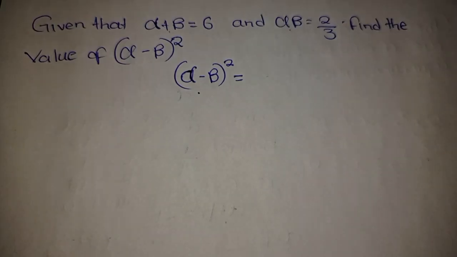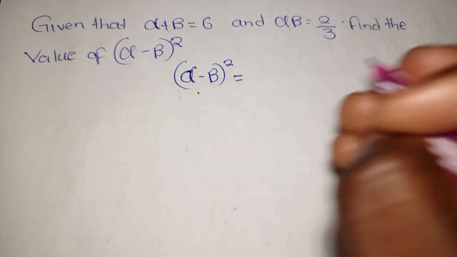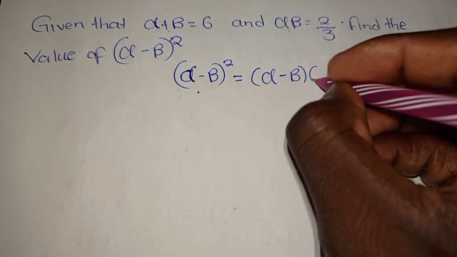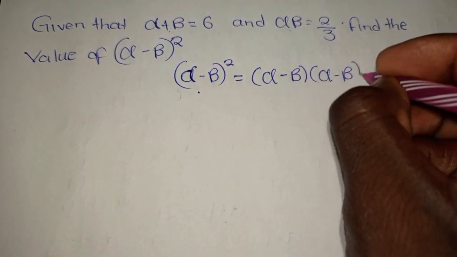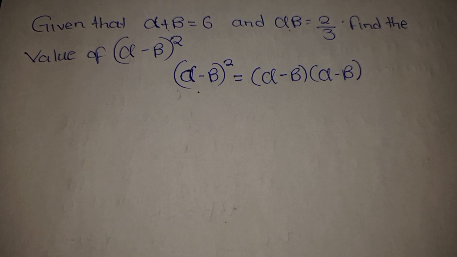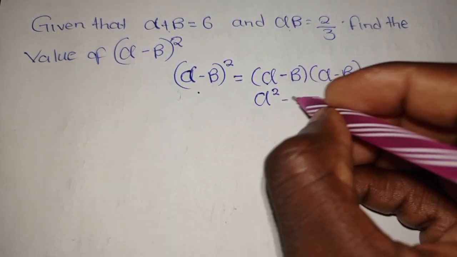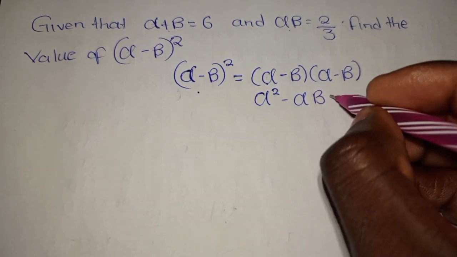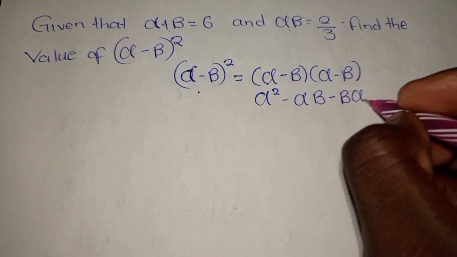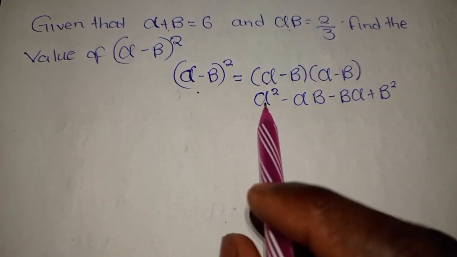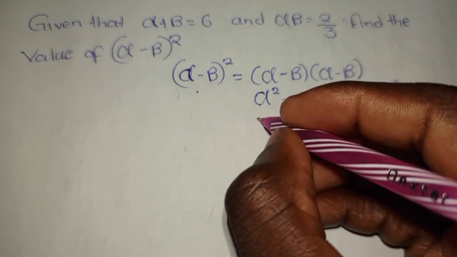So you know that under the binomial expression, if you were to expand and simplify this one, you will have alpha minus beta, where if you were to do the expansion, this times that is basically alpha squared minus alpha beta minus beta alpha plus beta squared, where always you put alpha squared and beta squared together.